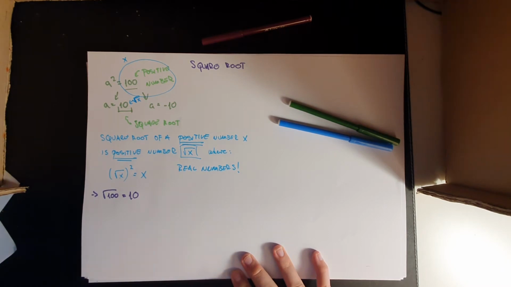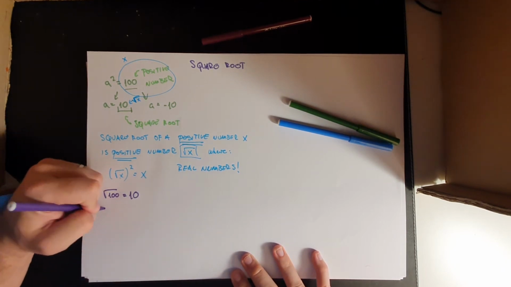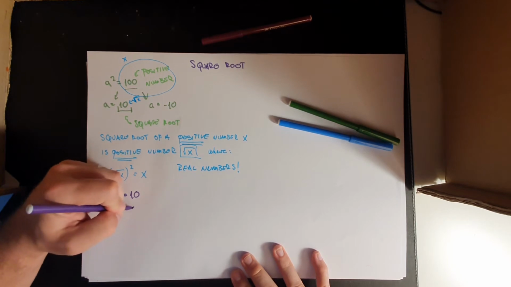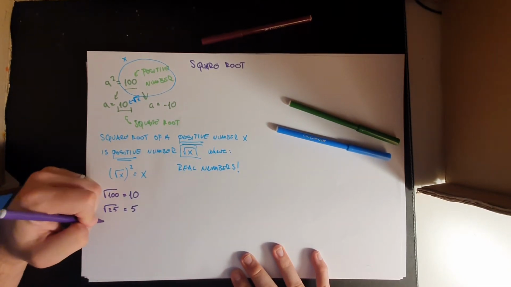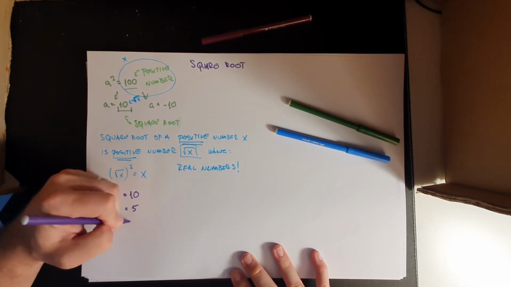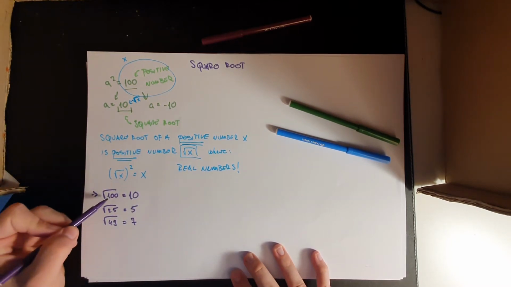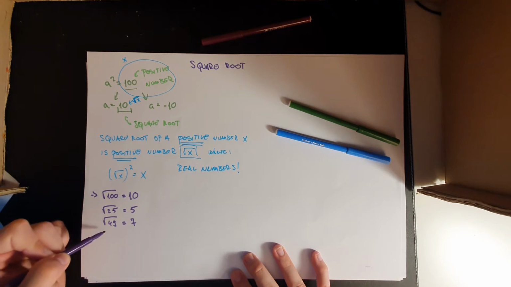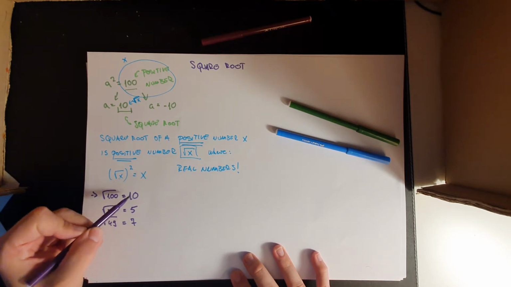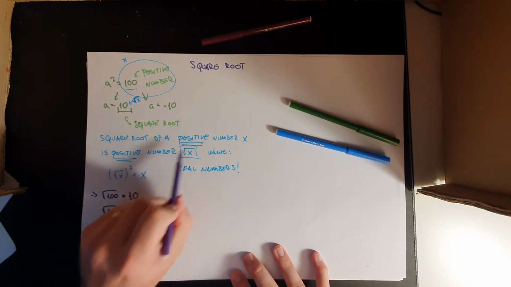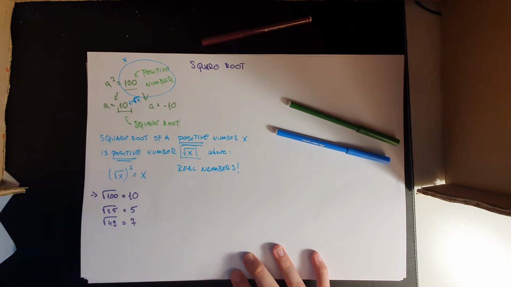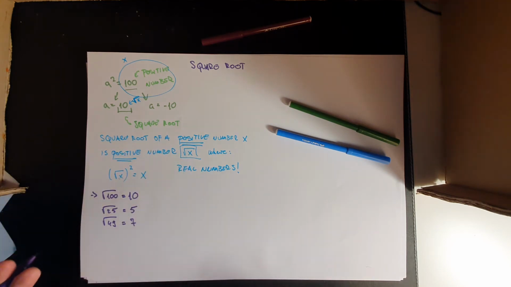Okay? Let's use another example. For example, the square root of 25 is going to be 5. The square root of 49 is going to be 7. Now look at what we have. Inside of the root, always a positive number. Outside of the root, always a positive number. So this is where the positivity kicks in. Another thing is, if you're not certain how to do it, you can use the calculator and determine what's going on.